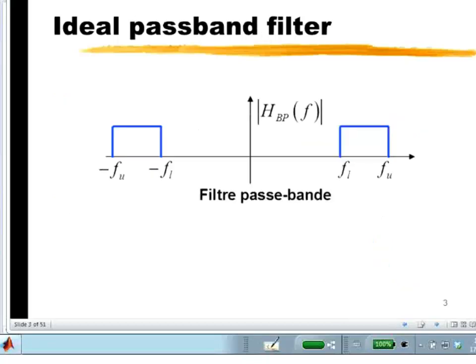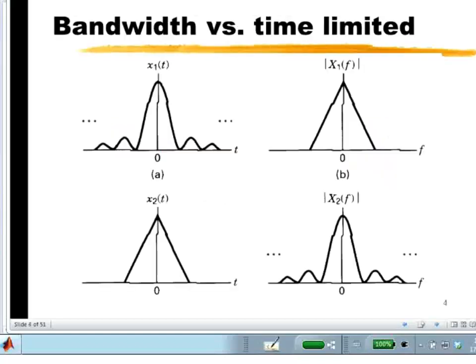We could also have an ideal bandpass filter. They're called ideal filters because they're perfectly square, and they may not be realizable, but they're used as good approximations for certain situations. I want to point out something directly coming from Fourier analysis. The examples we have here are a triangular function and its Fourier transform, which is the sinc squared function.